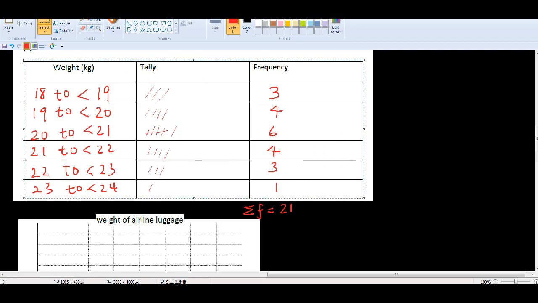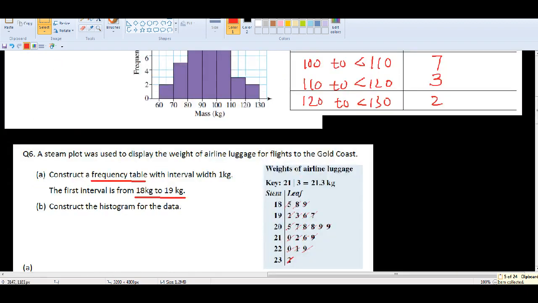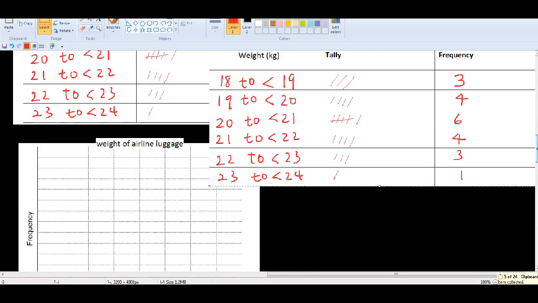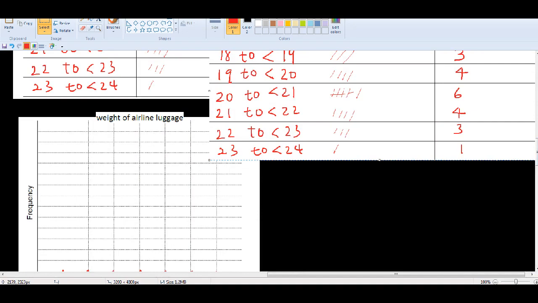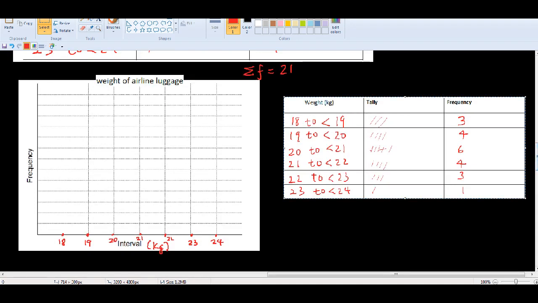It's just easier for us to have it so we can compare, right? Just from here to here. Okay, so from here 1, 2, 3, 4, 5, 6.